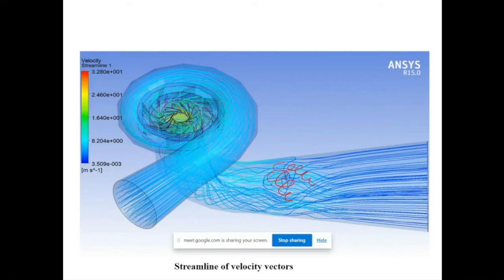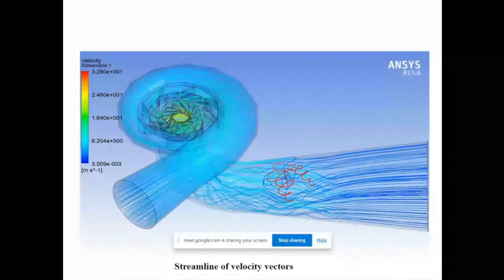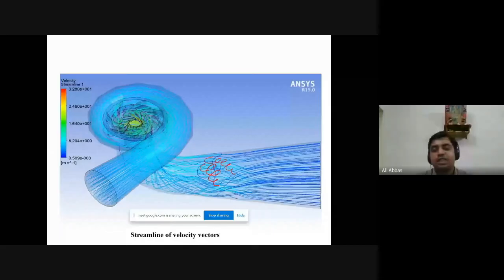Because this is a draft tube elbow section, and once the flow is changing its path, a lot of disturbance takes place. So we have to make this draft tube elbow section more streamlined. Then only we can get the maximum performance.